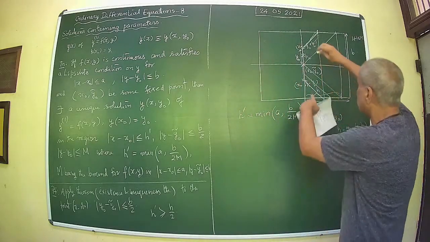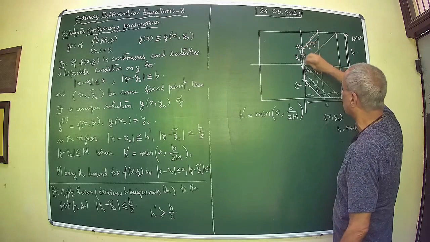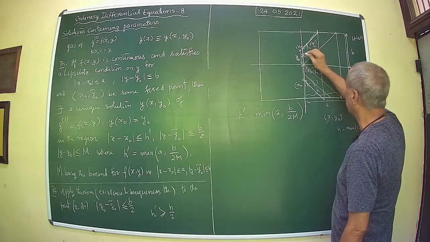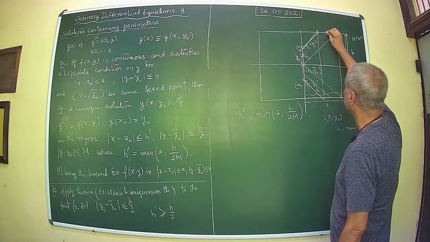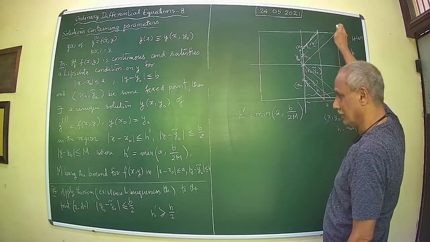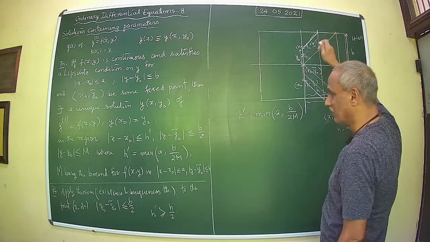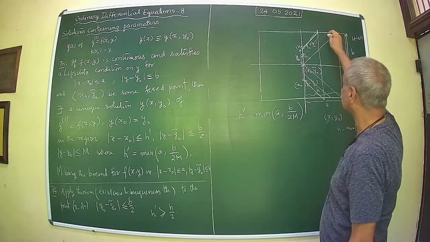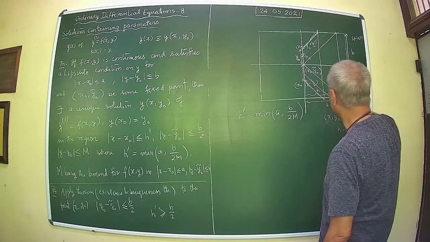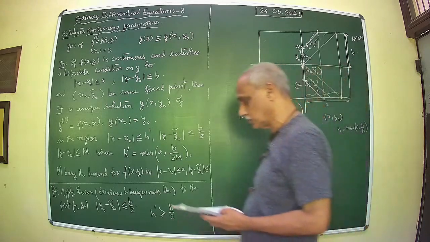That is what I said. If you keep this point closer to y naught tilde, then you are going to have this. You see the extent to which the integral curve will grow is controlled by these two lines, and therefore on a larger interval it is going to be true.